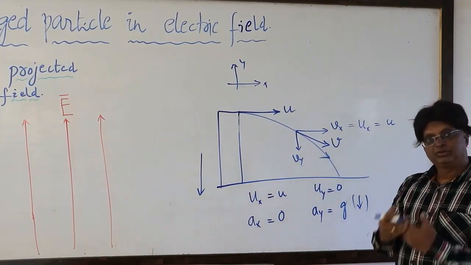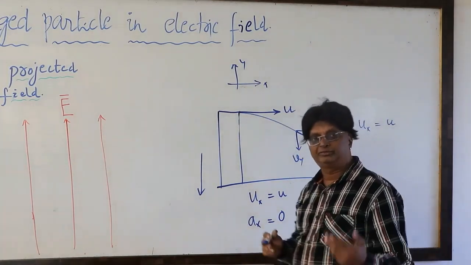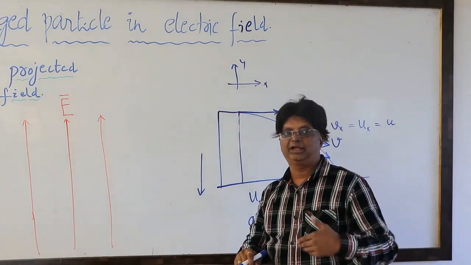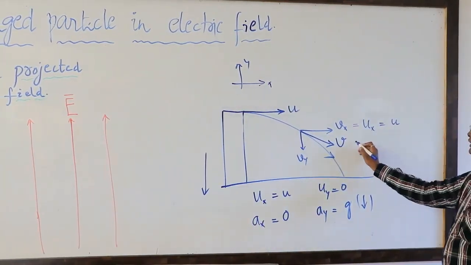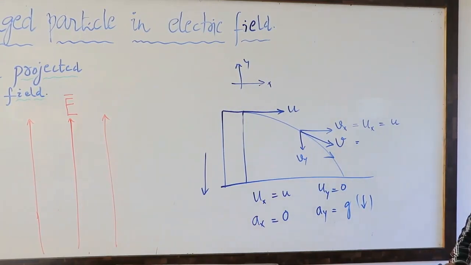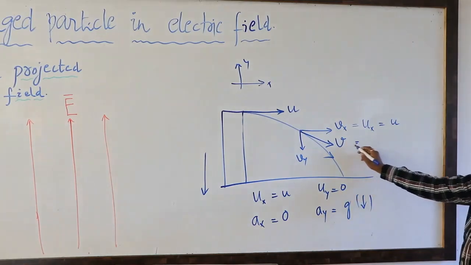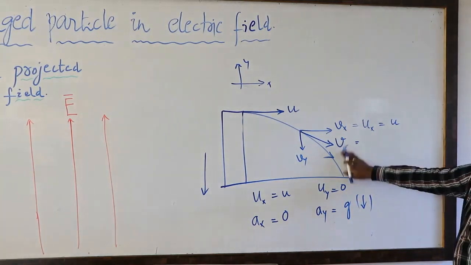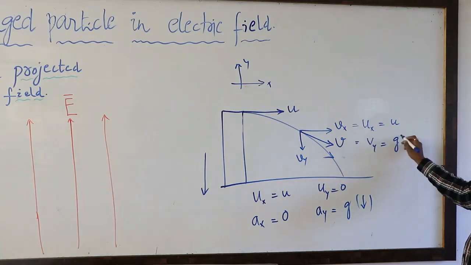Whereas Vy, initially it is 0, but later, because of gravity, velocity gradually increases in the vertical direction. If you take v is equal to u plus at, u is equal to 0. Therefore you get Vy is equal to gt.